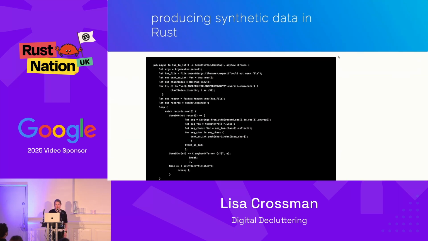So I set out to produce some synthetic data in Rust, and I was quite intrigued about producing some protein sequence. I actually first of all wrote it in Python in like 2020, and then I converted it to Rust subsequently. Basically the idea was to encode the sequence just as a character encoding, and then embed that.